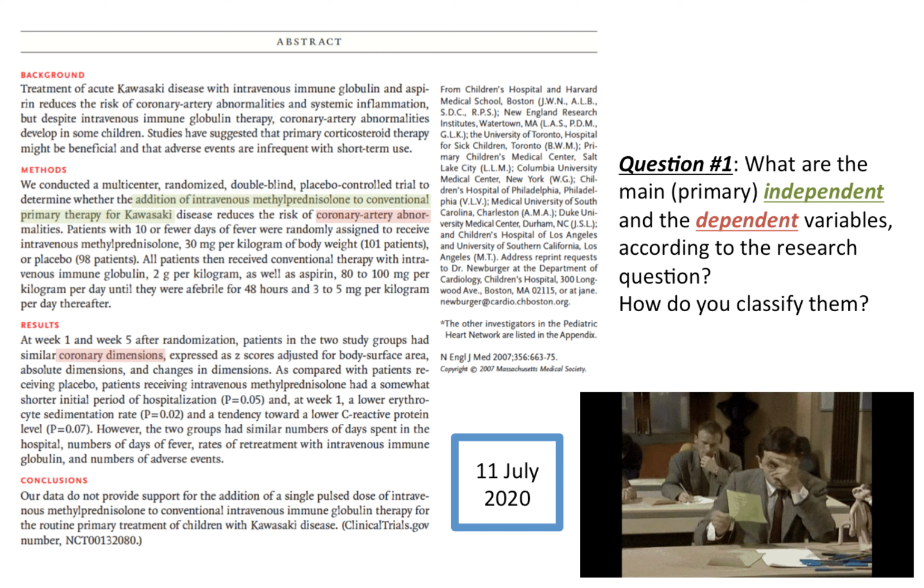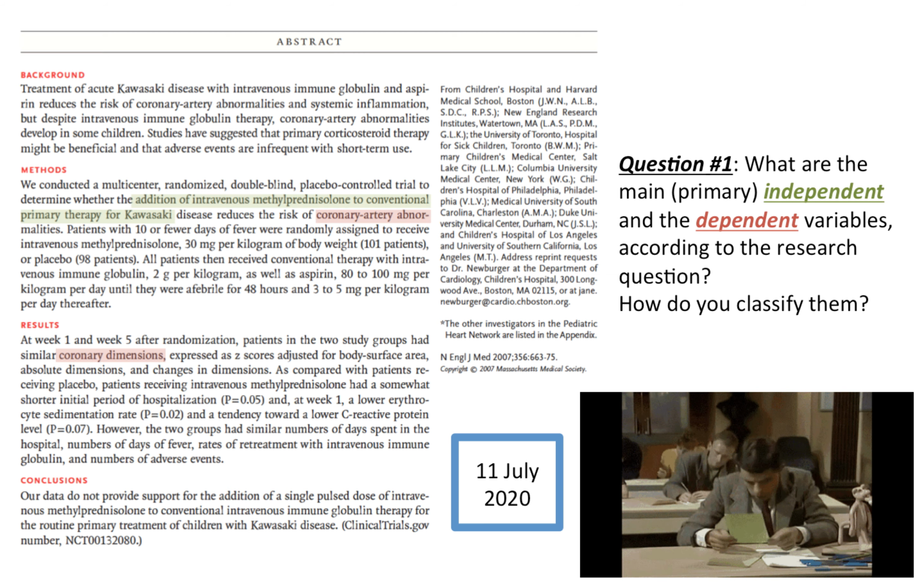Both of these absolute dimensions and the Z score are continuous variables. Both of them were the first primary outcome for this trial, which means that the dependent variable is a continuous variable. These numbers, the absolute dimension and the Z score, are numerical variables. To be more precise, continuous ones, because the spacing between them is meaningful.